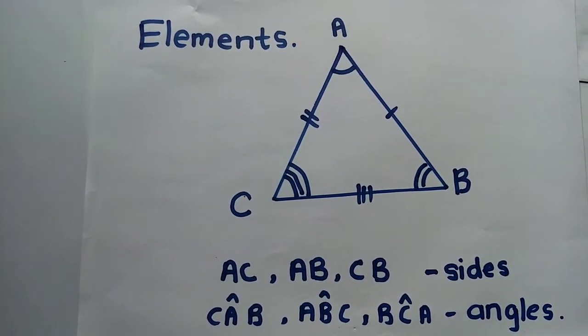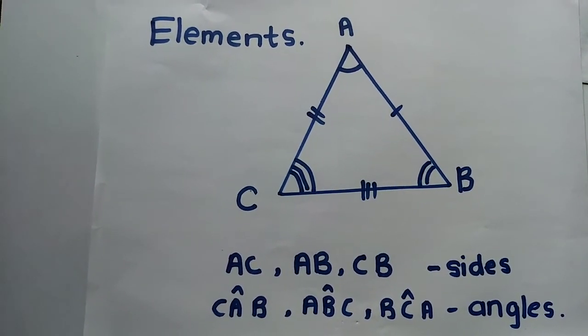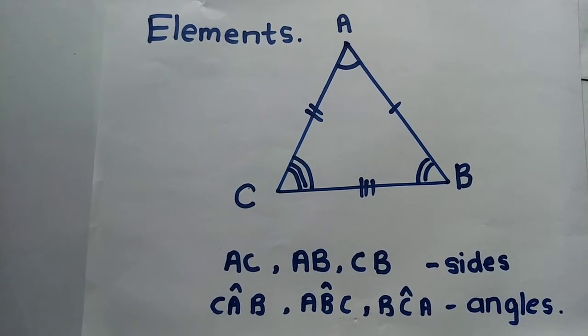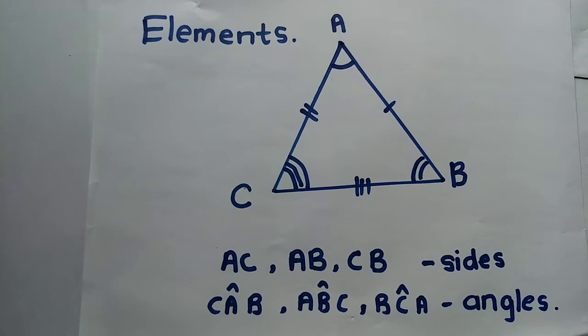Triangle is also a rectilinear plane figure. In there, the angles and the sides are known as the elements of that rectilinear plane figure.